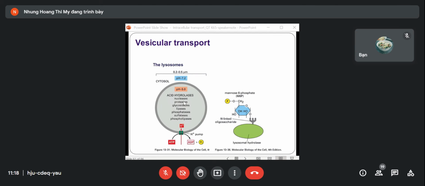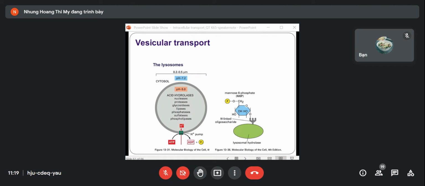So the hydrolase enzymes need to be synthesized and transported from the ER to the Golgi apparatus and then to the lysosome. And for the mature hydrolase that is spread in the lysosome and works, they need to link to mannose 6 phosphate, called the M6P. One phosphate group will be linked to carbon 6 of the mannose sugar.